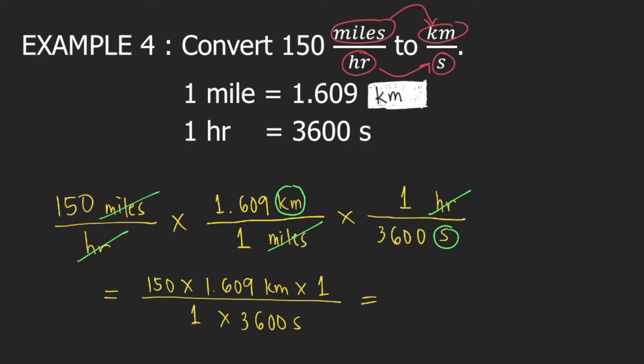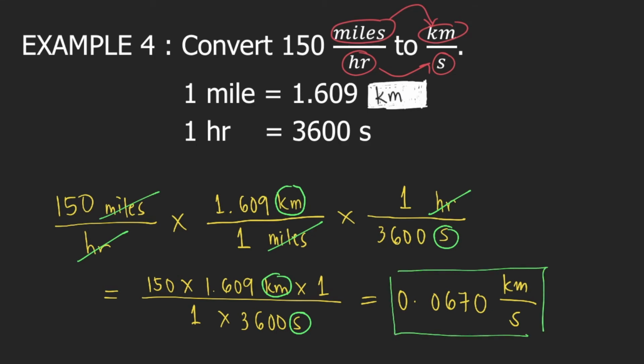And if you solve this in your calculator, 150 times 1.609 times 1 divided by 1 times 3,600, this is equal to 0.0670. We have kilometers on top and seconds on the bottom. So kilometers per second. And this is the answer to the question.